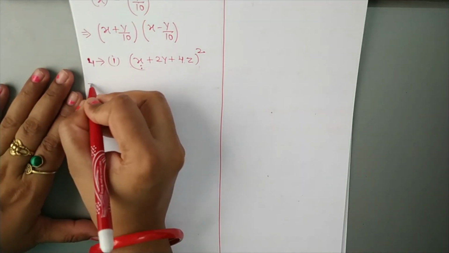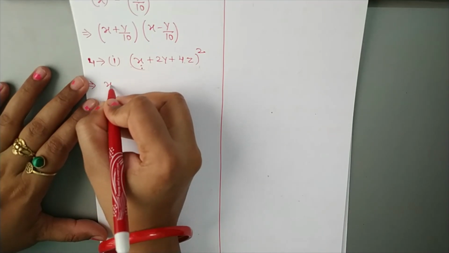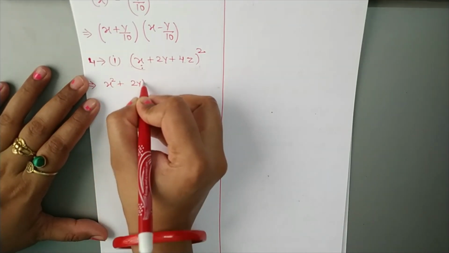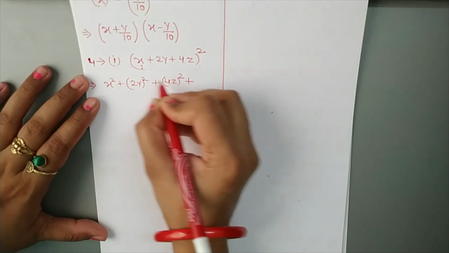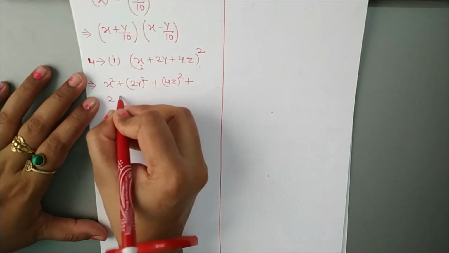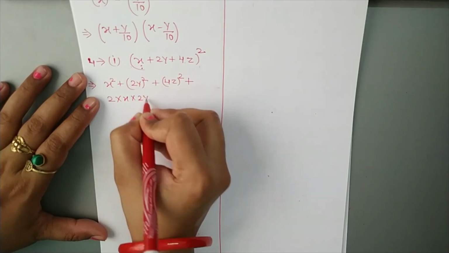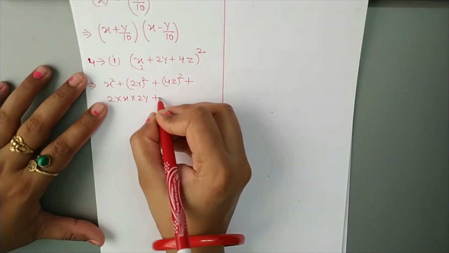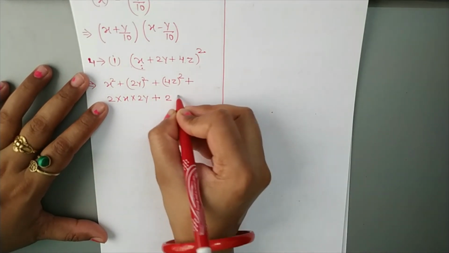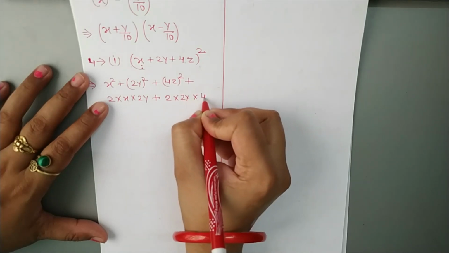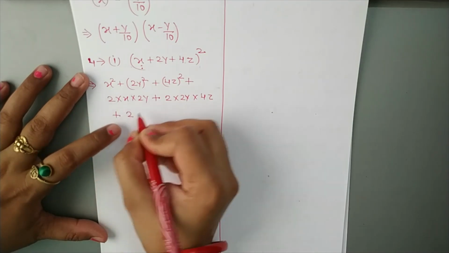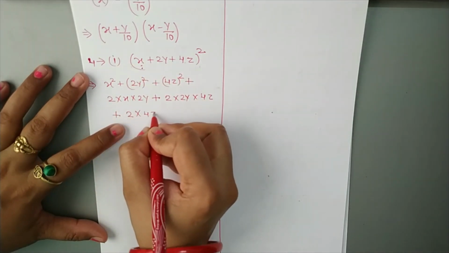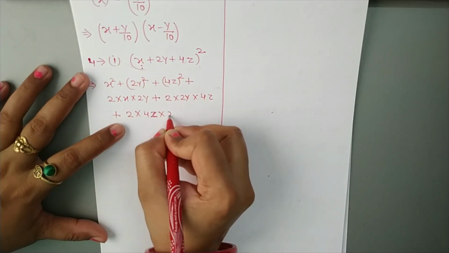I am explaining the first part: a square plus b square plus c square plus 2ab, that is 2ab; then 2bc, so 2b and c; plus 2ca, 4z into x.